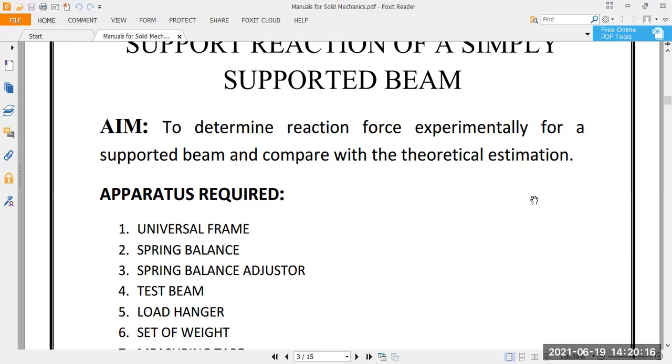But sometimes a prismatic bar is subjected to a load which is normal to the longitudinal axis. This type of load creates tensile or compressive force, but not throughout the length of the beam. It has a tendency to bend due to the action of the external force.